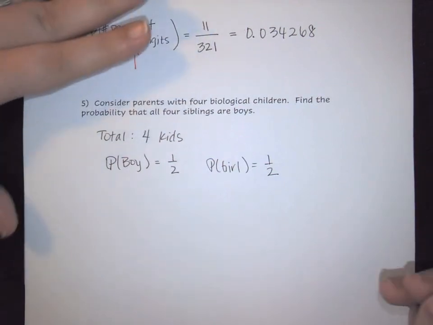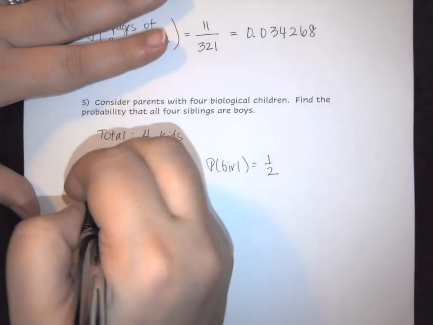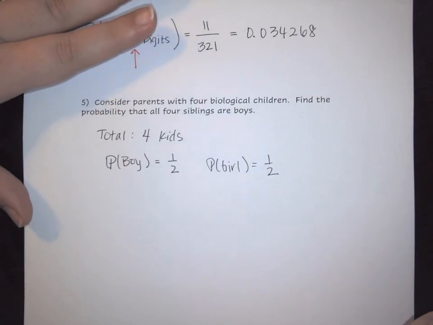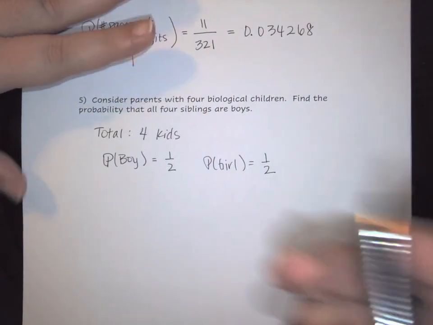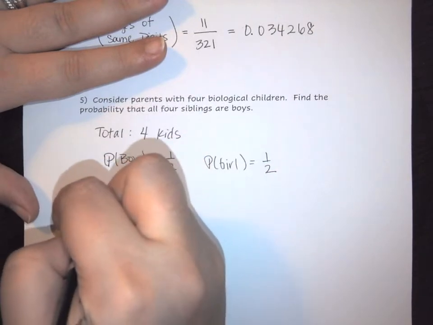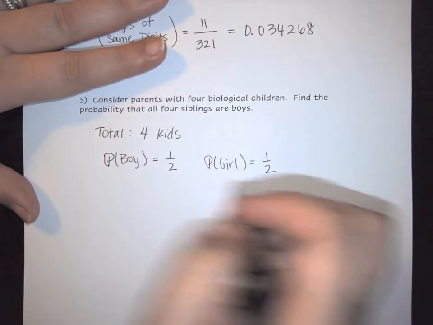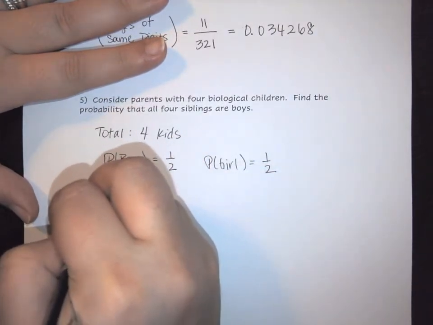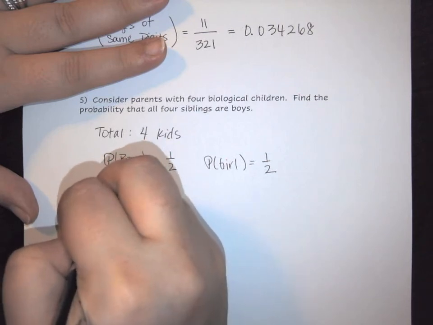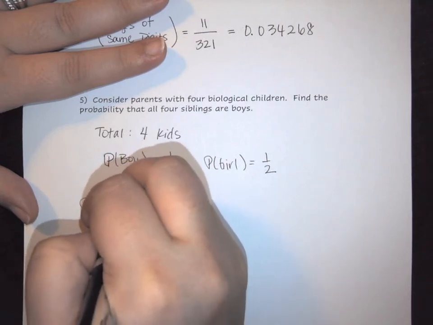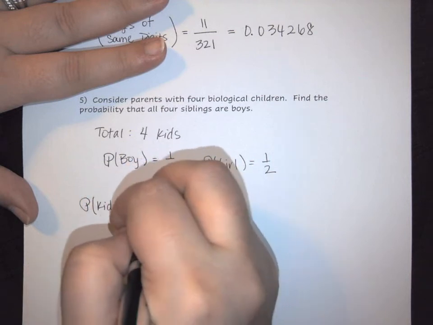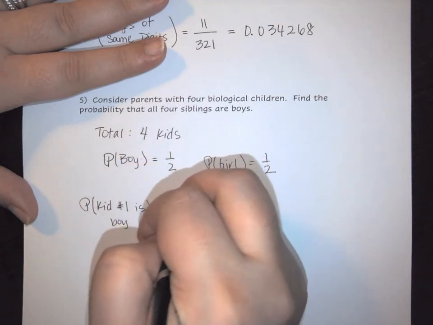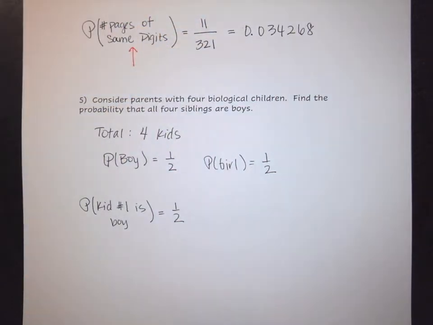Okay, so when we're talking about our event, the event is picking a boy. So when we're doing this, what we have is 4 kids. So the probability that kid number 1 is a boy is 1/2. Well, that's going to be the same.